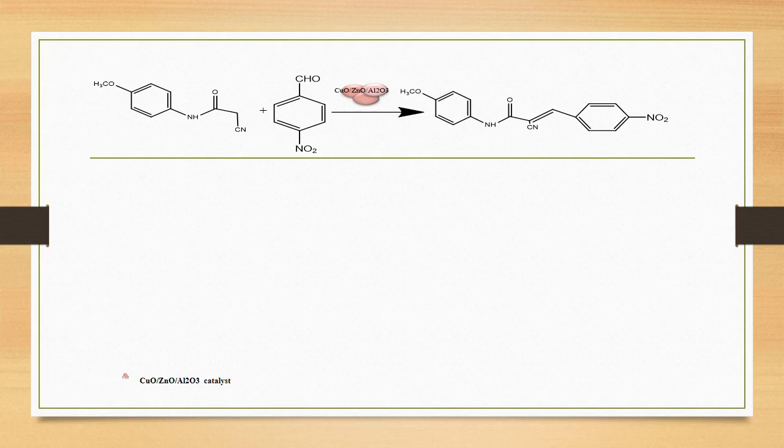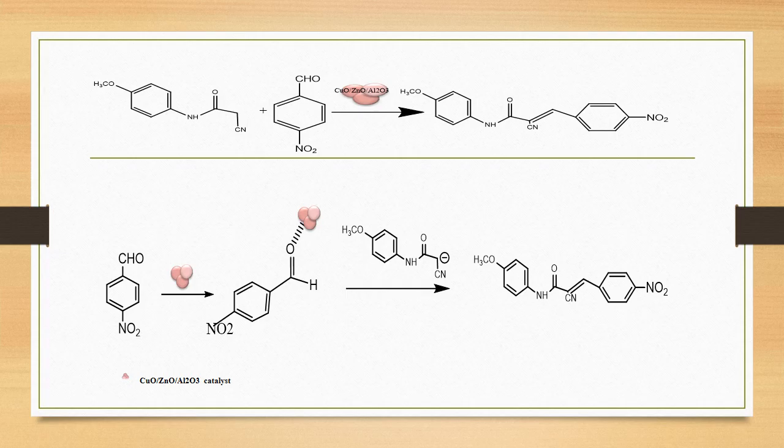Acetanilide derivatives may have many applications, and we show in the next slides one of the greatest applications that we applied in our reaction. And that is the mechanism which illustrates the combination between the catalyst and the activated oxygen in the carbonyl compound, which gives a negative charge, and the activated methylene group to get our product.